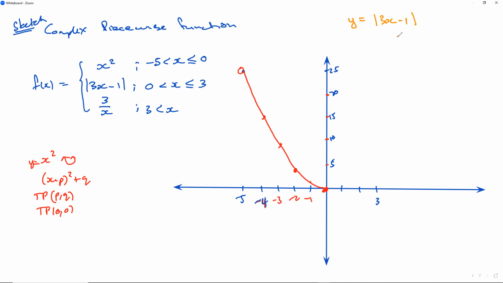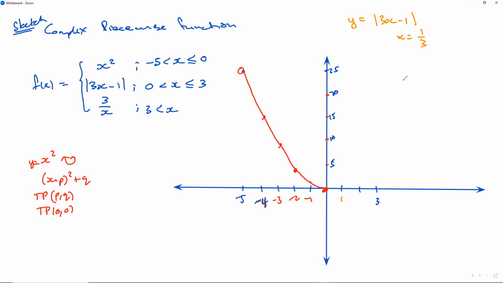So x equals 1 over 3 is going to be the point. This is 1. 1 over 3 is actually just there. And the line is going to be going this way, up, with a gradient of 3. It also goes this way as well, right?